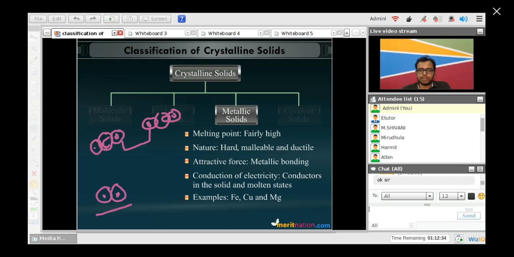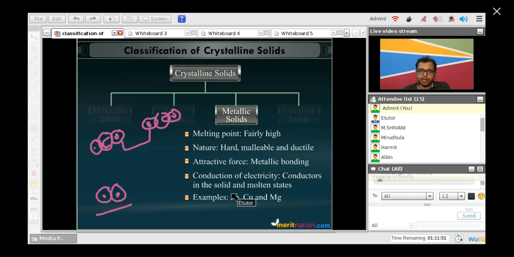Now, the attractive force between metal atoms in a metallic solid is metallic bonding. Metallic solids are able to conduct electricity in solid and molten state, so they are good conductors in both states because they contain free electrons inside the metal.